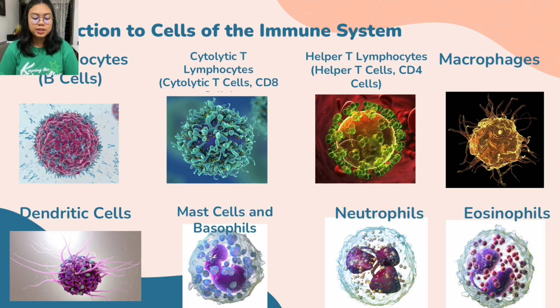Next is neutrophils, also known as polymorphonuclear leukocytes. They phagocytize bacteria and other foreign particles. And lastly is the eosinophils. Eosinophils attack and destroy foreign particles that have been coated with antibodies of the immunoglobulin E, or IgE, class. The usual target is helminths, or the parasitic worms.